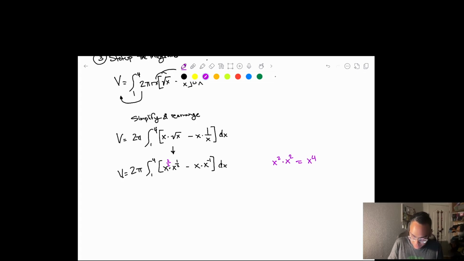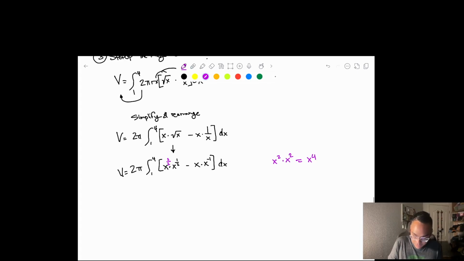We can write 2 over 2 as just 1, so x becomes x to the 3 over 2, minus, and if you remember correctly, x with nothing on it is just a 1, so minus x.